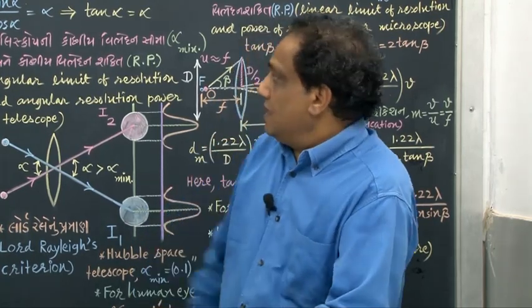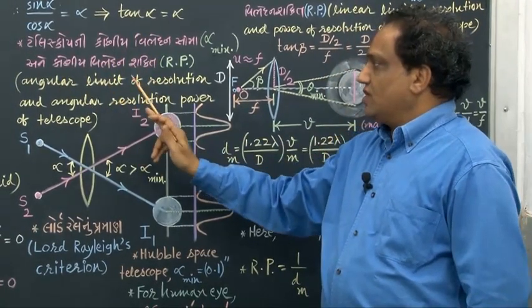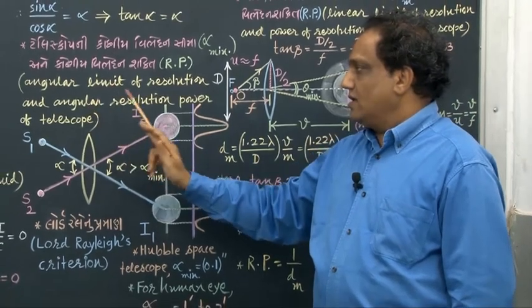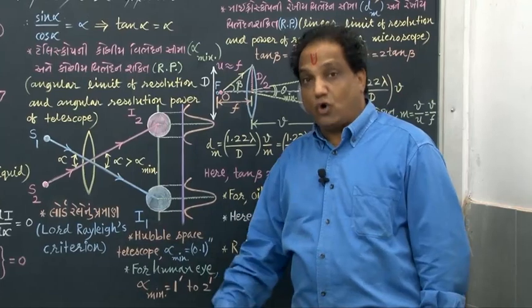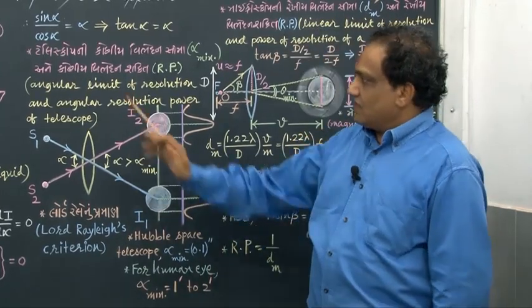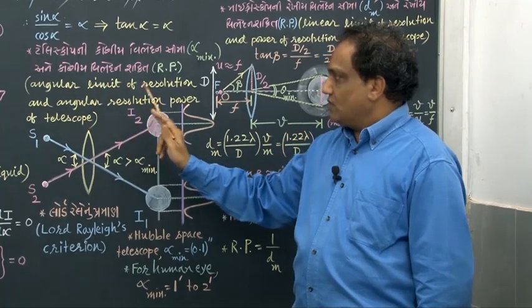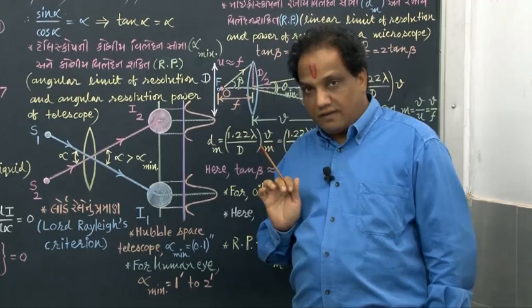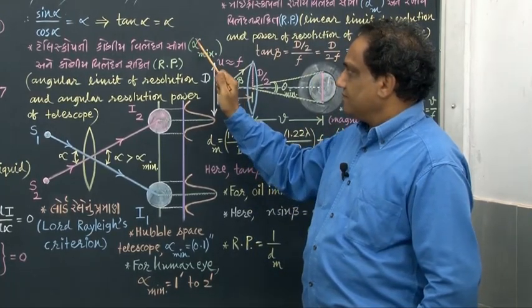Fine. What is called the angular limit of resolution and angular resolving power of a given telescope? First of all, we will go for the angular limit of resolution. It is some sort of minimum angle which we will show by the symbol alpha minimum.